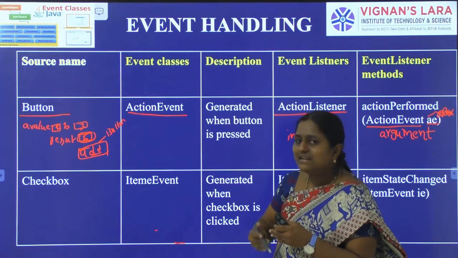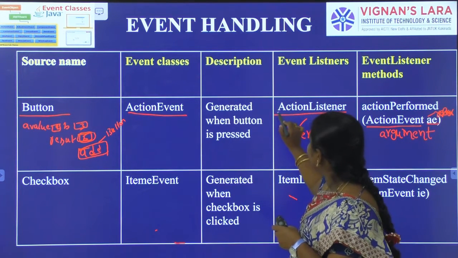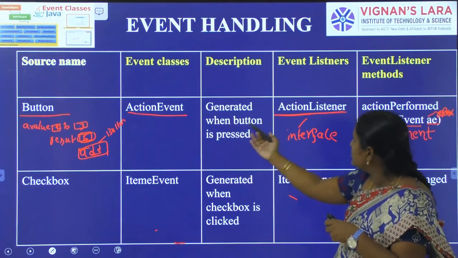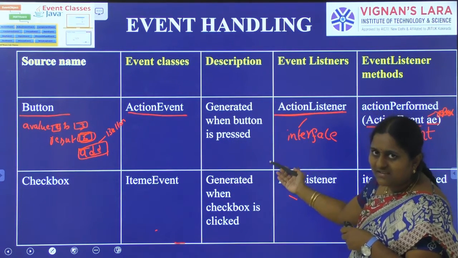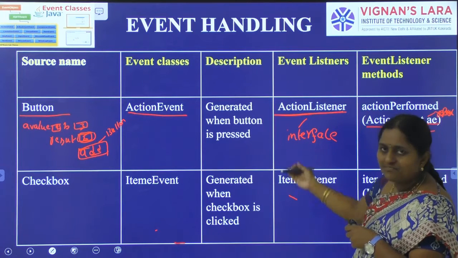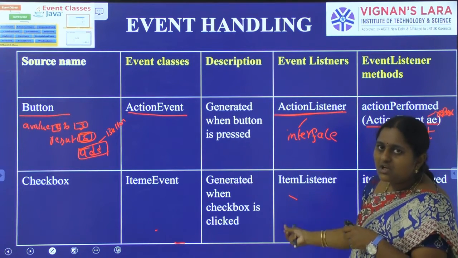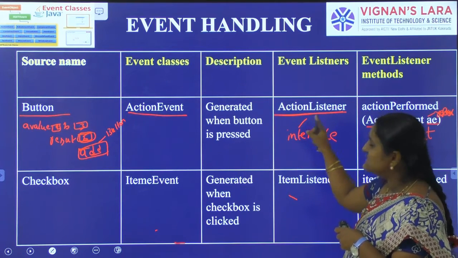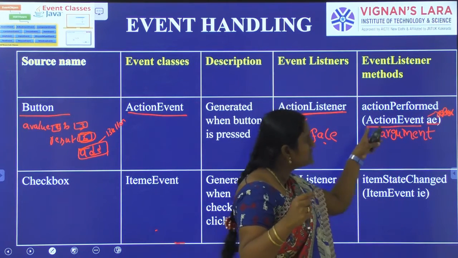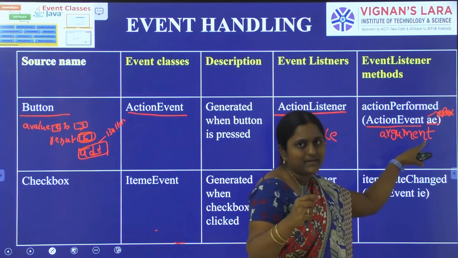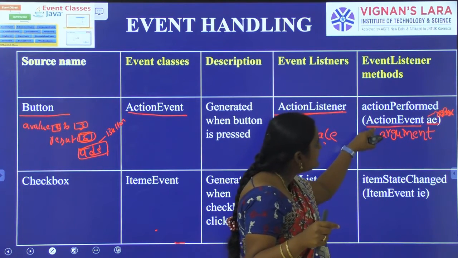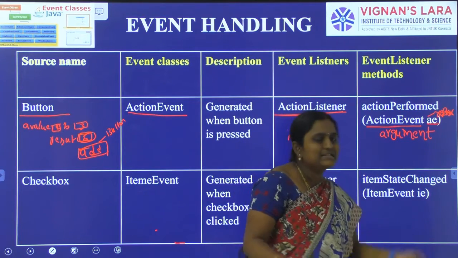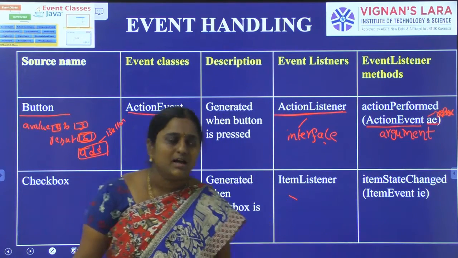So the action listener interface will be activated and will pass it on to the particular listener. So it handles the events through interfaces. The action listener interface defines one method, actionPerformed. Action event is the argument supplied to this method. Here A is the reference.